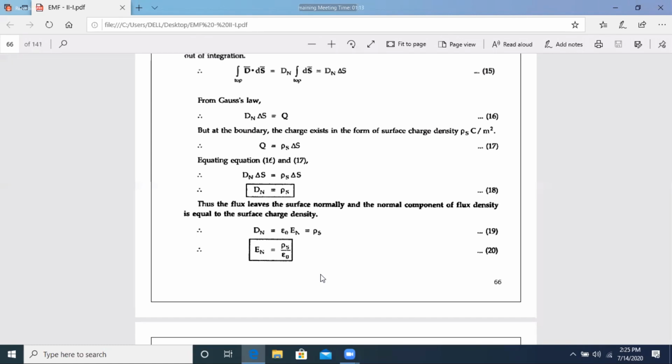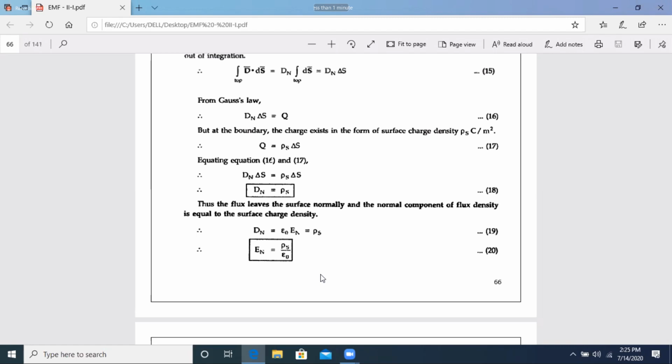Would I keep the answer in terms of epsilon naught? Yes, keep it. So epsilon naught times 8ax plus 12ay. I factorize out epsilon naught.